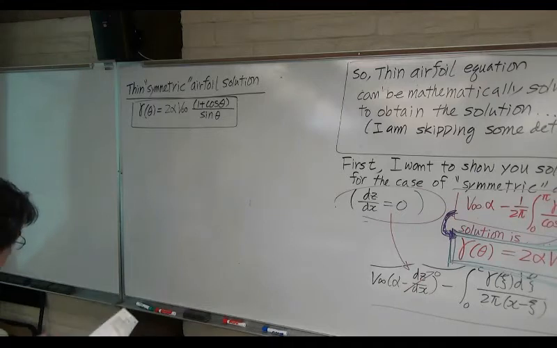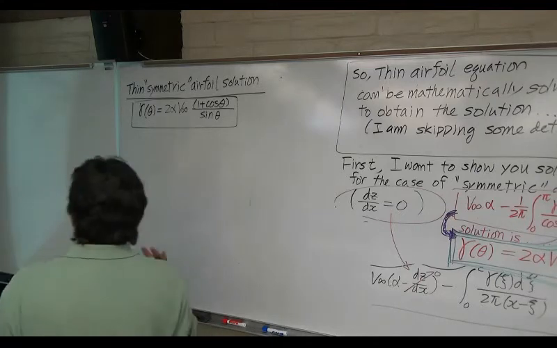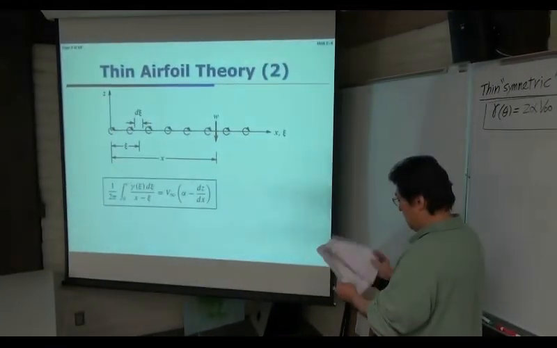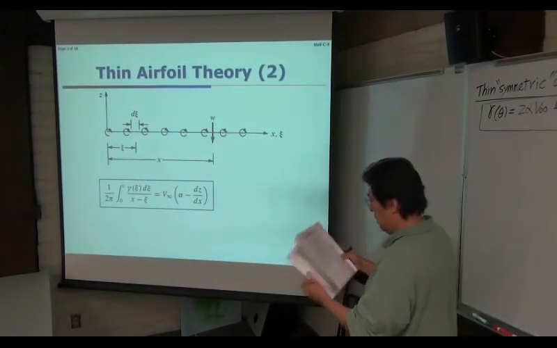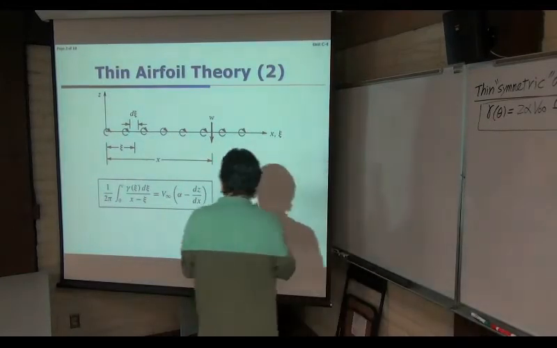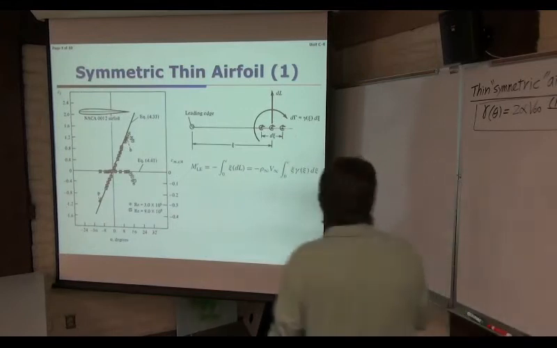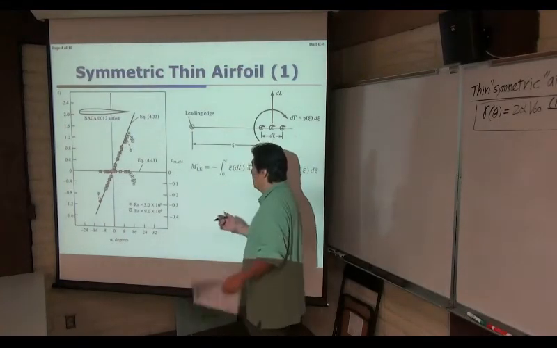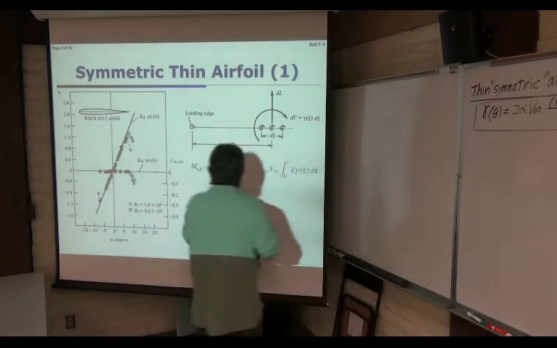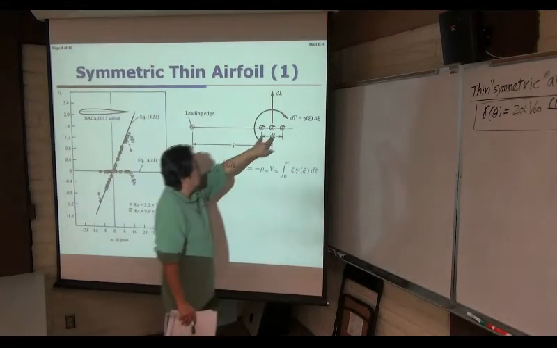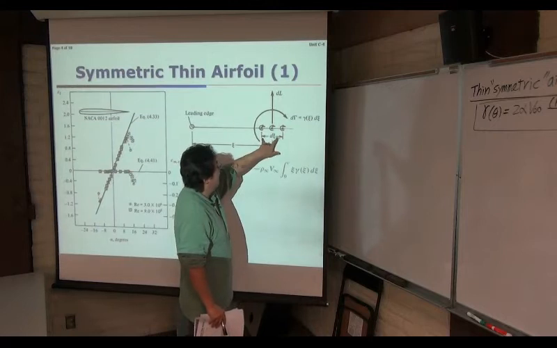Alright. So before moving on to page 5 and page 4, let's take a look at one thing. So let's say this is the chord. This is the leading edge. This is the location where your dxc is.